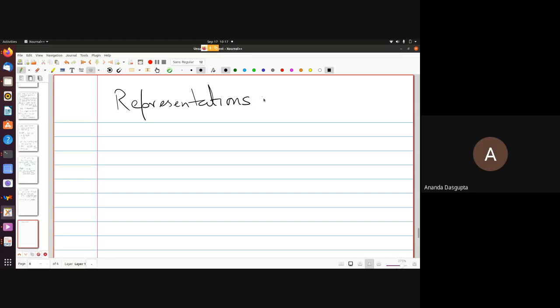So we will talk about representations of the group. This is essentially what a representation of a group is, a set of concrete objects which have the same algebra as the group. And although it's possible to discuss nonlinear representations as well, they turn out to be much less useful than linear representations.